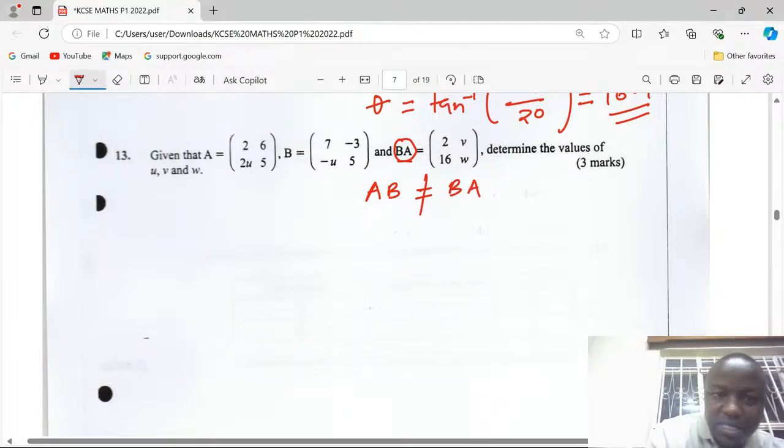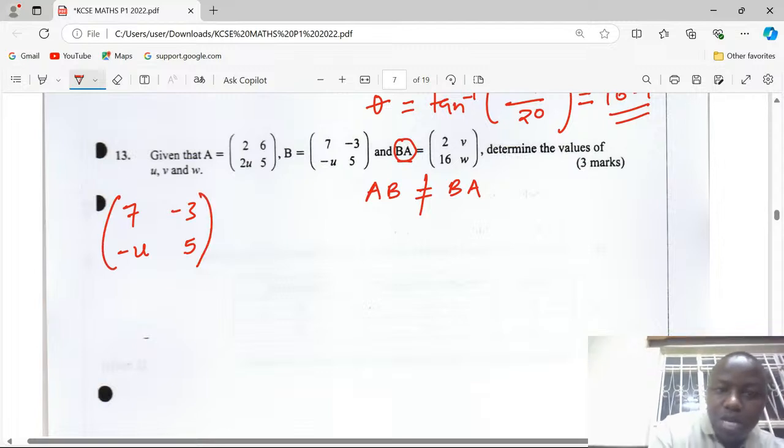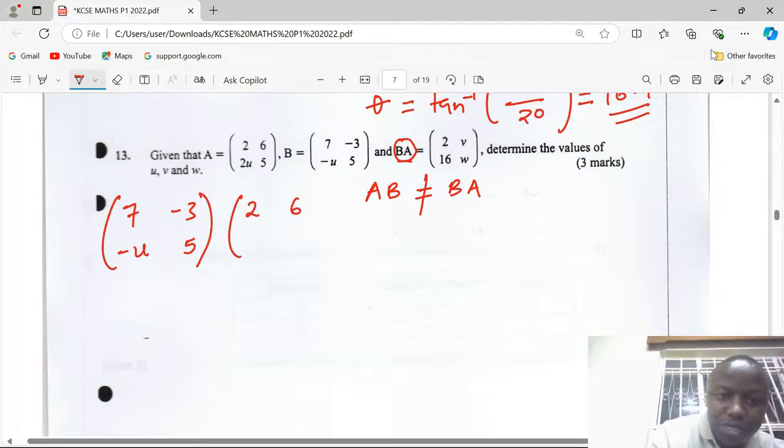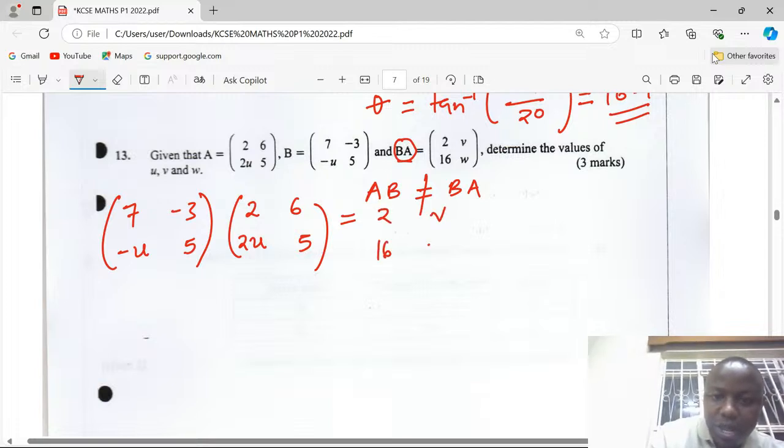So in our order, we must follow the statements very well. B comes first, followed by A. B times 2, 6, 2u, 5 is equivalent to, now we are given, 2, v, 16, w.